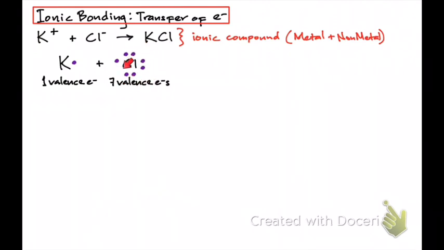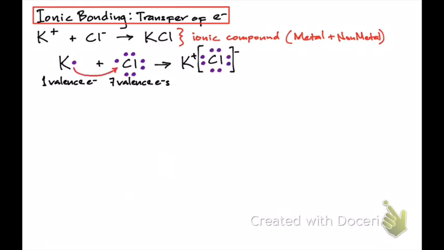This chlorine atom contains seven valence electrons because it's in group 7. And in order to have a full octet, or 8 valence electrons, it needs another electron. That electron can be obtained from a metal. It could be a group 1 metal, a group 2 metal, or group 3. It doesn't matter, as long as it is a metal that can donate an electron.